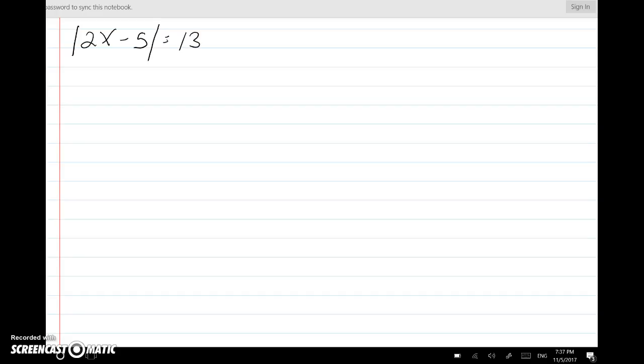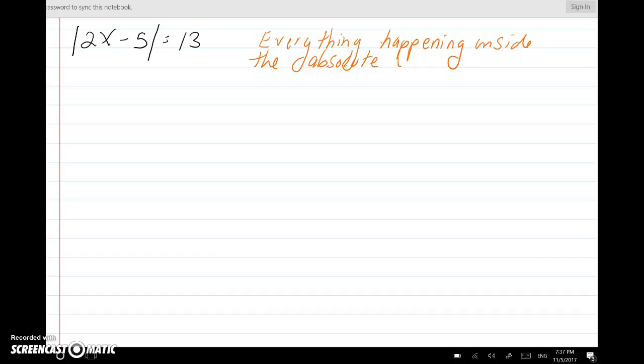See, this one is different than the other problem because here everything is happening inside the absolute value. And so we have to solve this a different way.